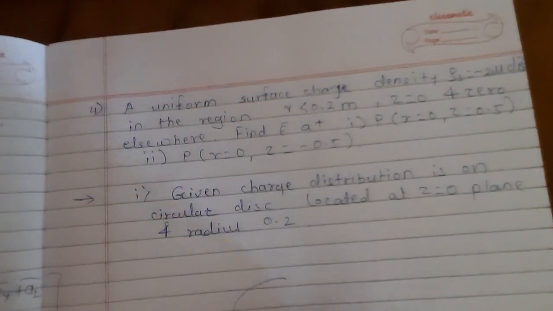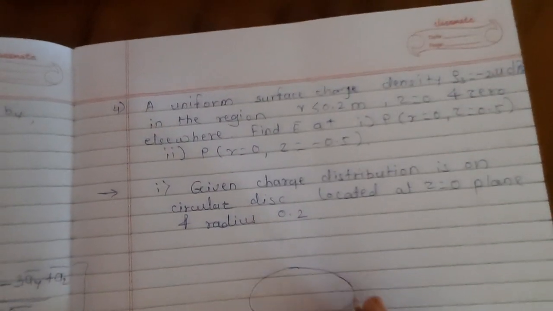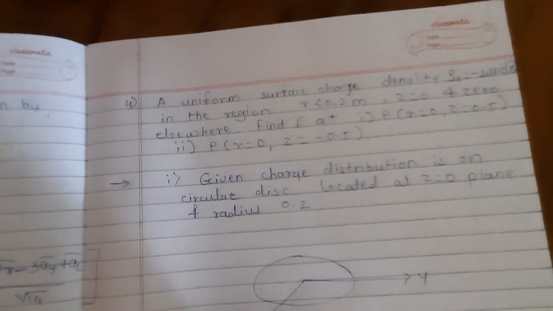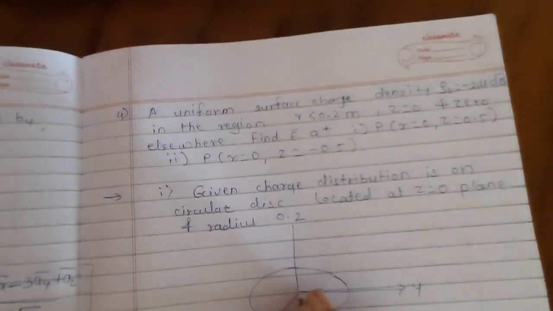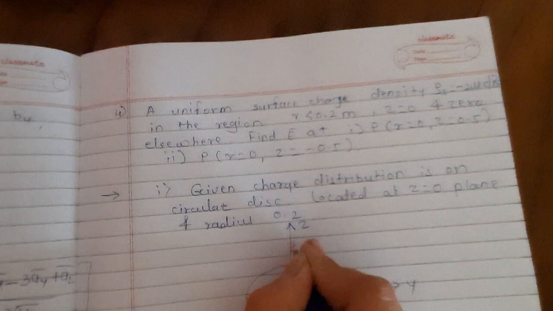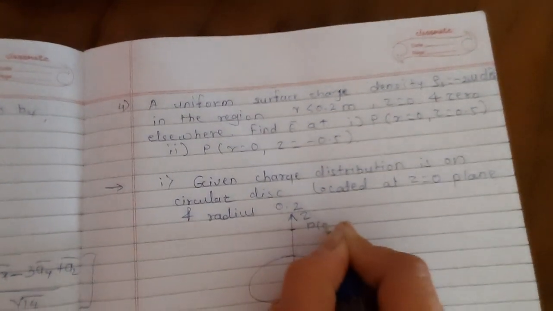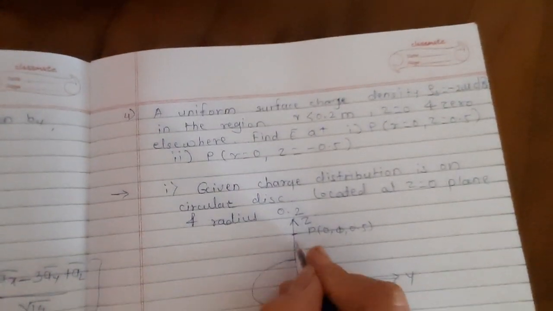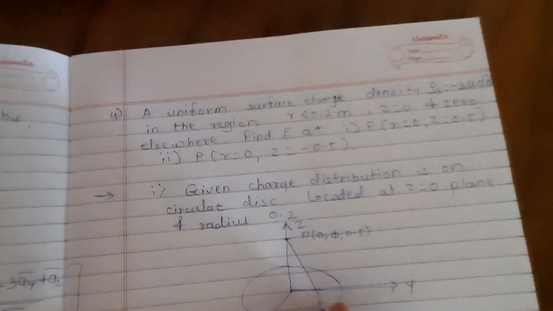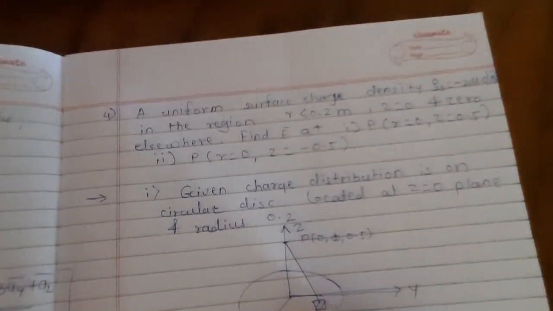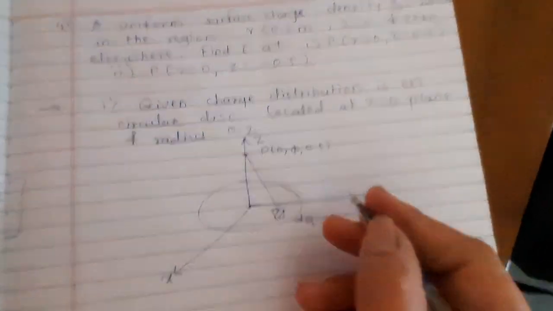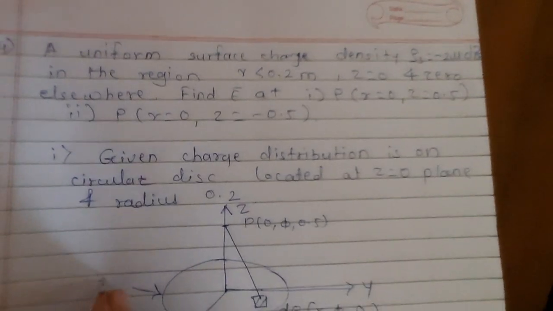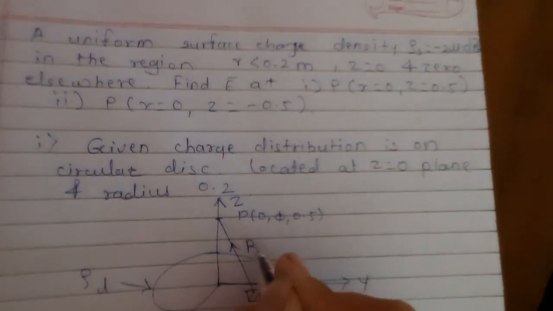So this is y, this one is x, this is z. So this is point P, this is dq having value r, phi, 0. This is vector r bar.